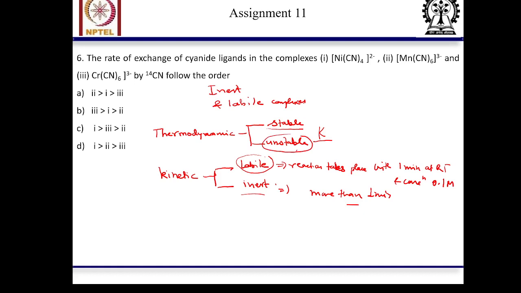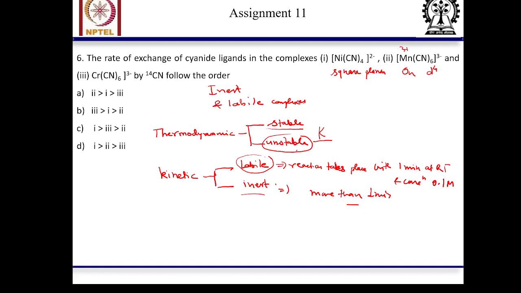Rate of exchange of cyanide ligand in the complexes Ni(CN)4 2 minus, Mn(CN)6 3 minus, and Cr(CN)6 3 minus. First thing, this is a square planar complex. This is octahedral, and this is Mn3 plus, which means D4.